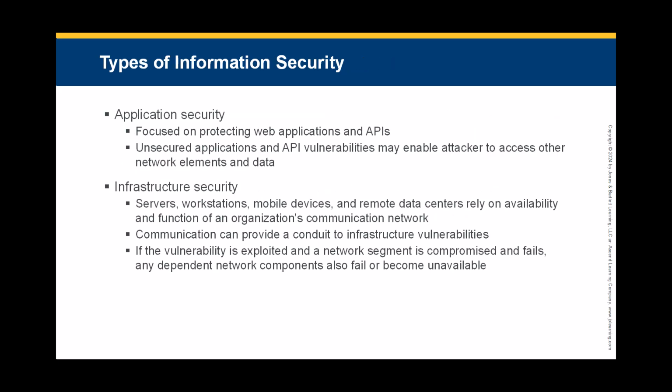We're breaking information security into two major categories that are especially important for web applications: application security and infrastructure security. While these areas are closely related, they focus on different layers of risk. We'll start with application security. Application security is focused on protecting web applications and APIs, the software layer that users interact with directly.